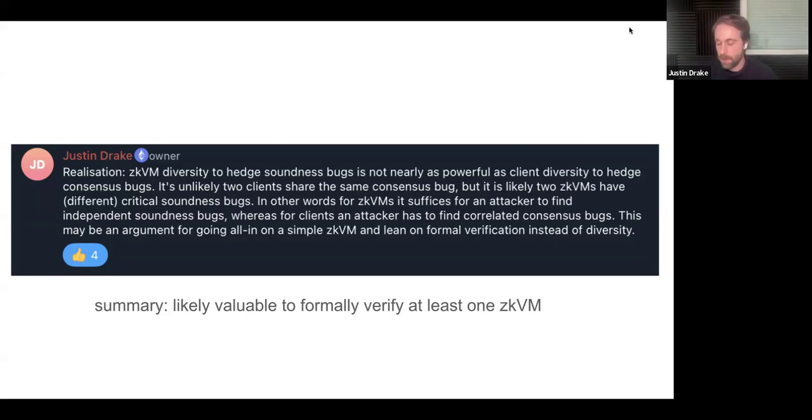So one big benefit of the ZK approach is that you can very, very cheaply run multiple clients in parallel. If you take a default, typical operator on Ethereum, they will run one execution client, Reth or Geth or whatever it is.